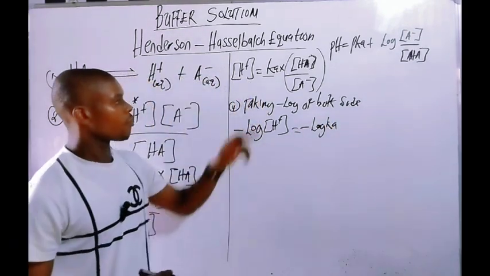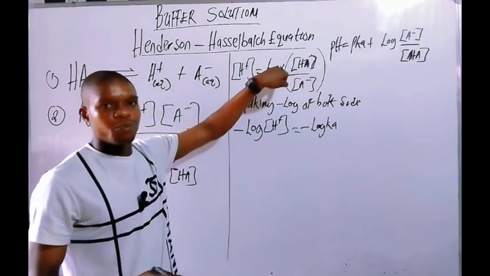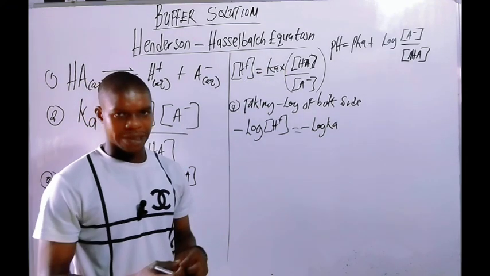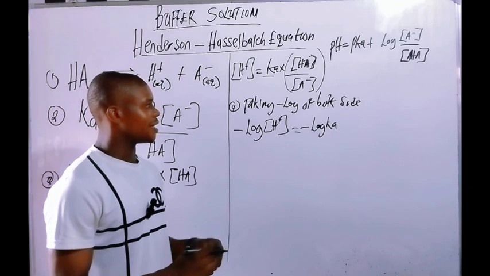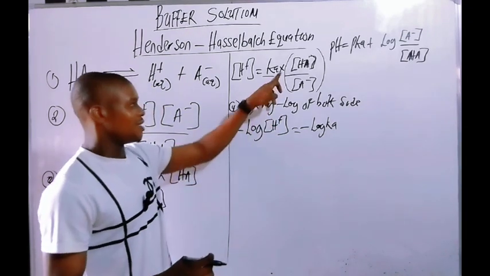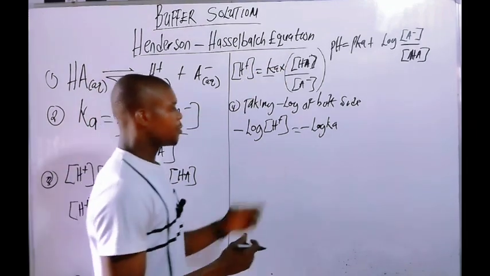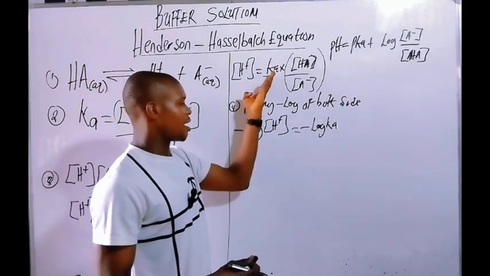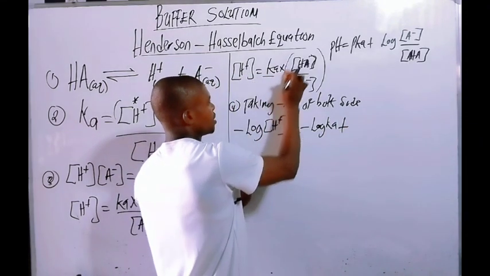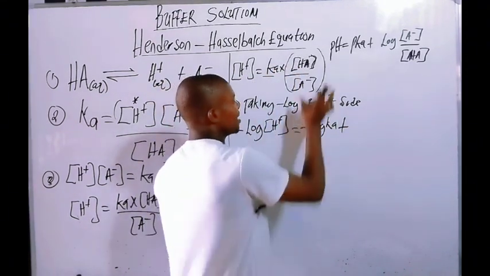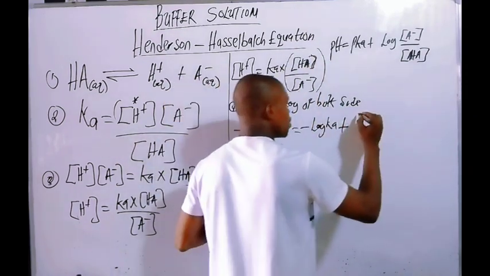Remember, in logarithm, the multiplication sign will change to a positive sign. So it will be minus log Ka plus the log of this one here. The whole of this one is together, so you have to take the log of them.